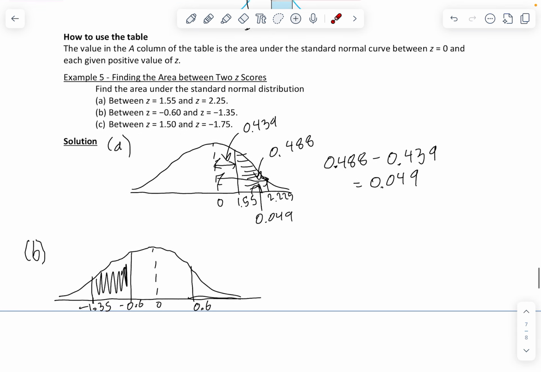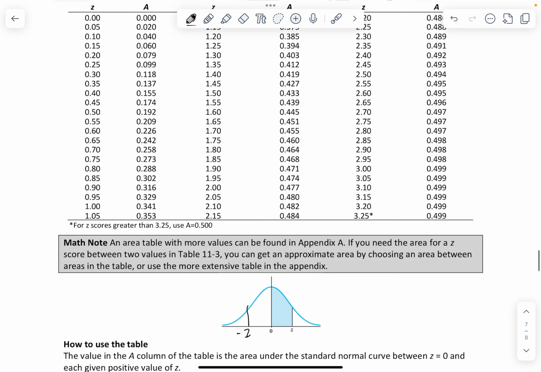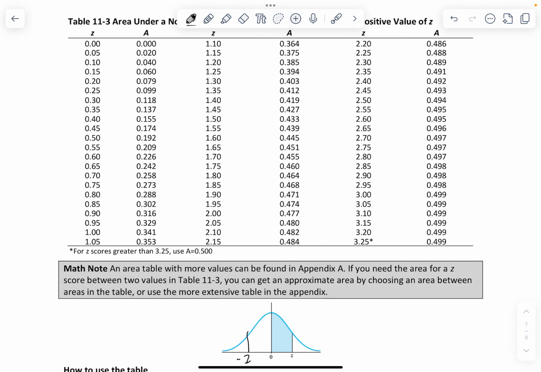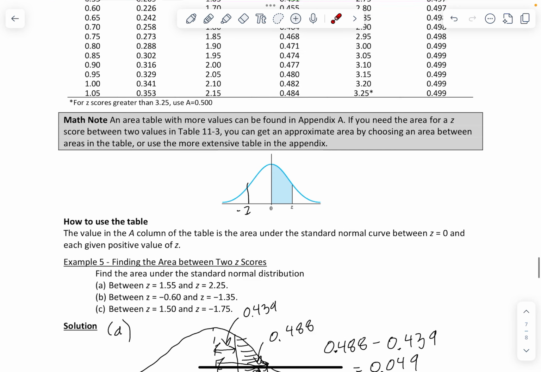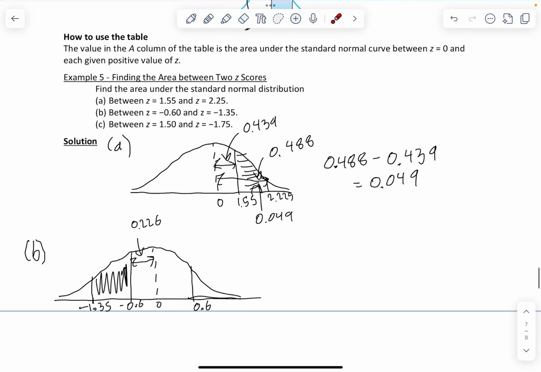Okay, so 0.226 is this area, 0.226. And then I have negative 1.35. Flip that to a positive. That has an area of 0.412. Okay, so 0.412 is this area.